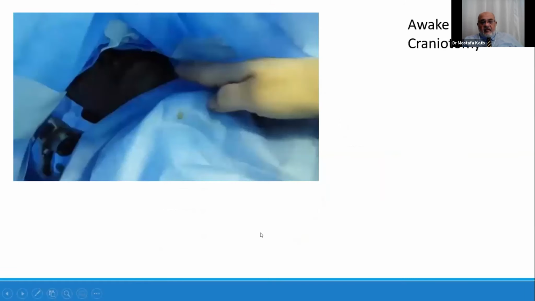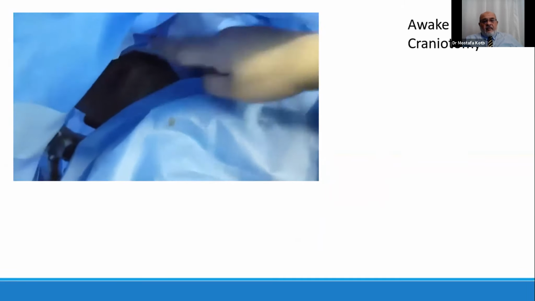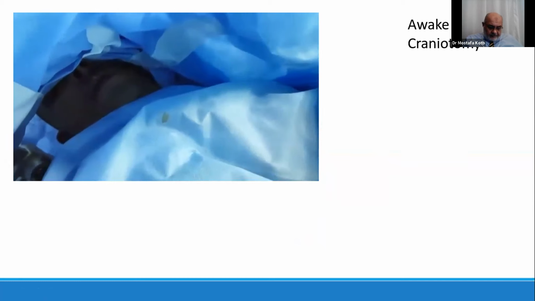In this video, we'll show an operation that was done under this technique. As you can see here, the patient is reciting verses of the Quran.